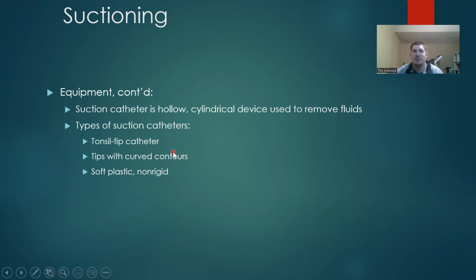There's curved tip contours, rigid ones, either the Yankauer or the DeCanto catheter, right? That'll help you suction out of the airway. There's soft, plastic, non-rigid ones. There's all sorts of suction catheters out there. Use the biggest one that you need and that fits in your patient's airway.